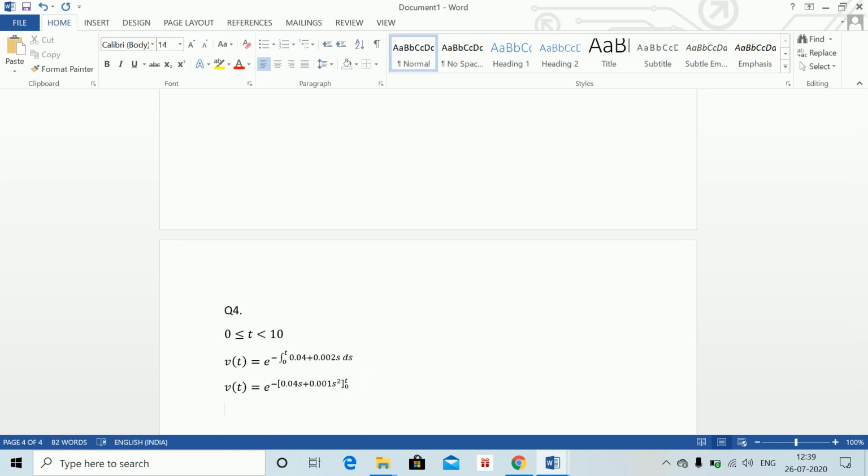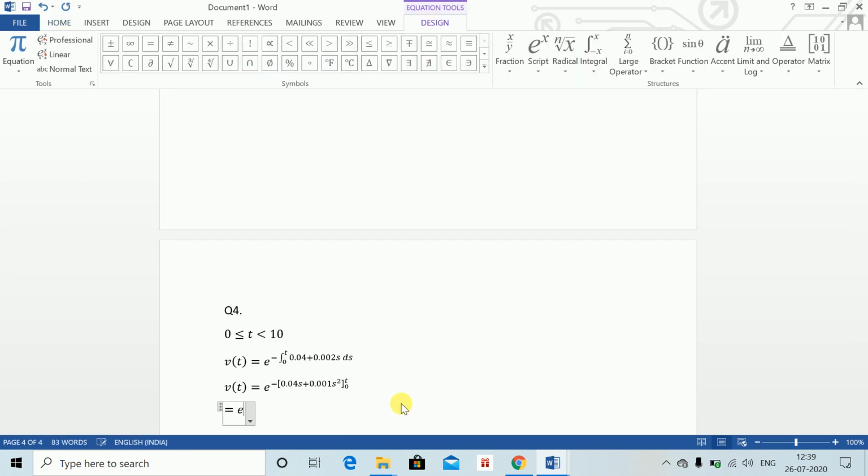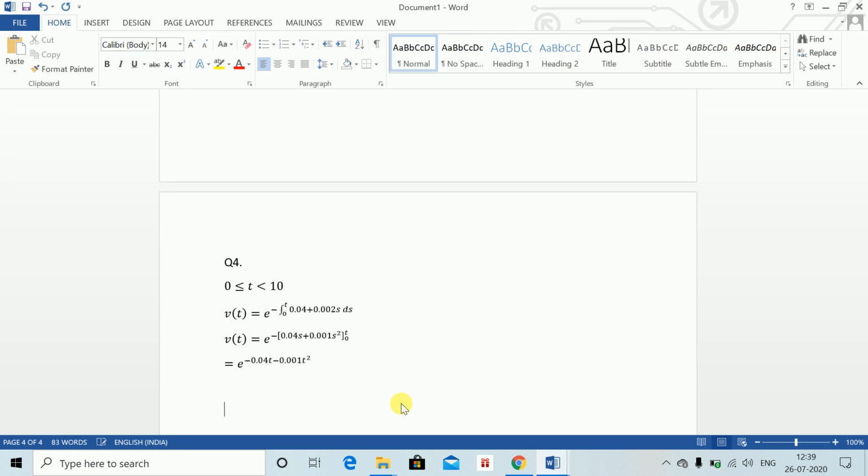This gives us the values, and then again we write e to the power minus 0.04 t minus 0.001 t square. So this completes our first part.